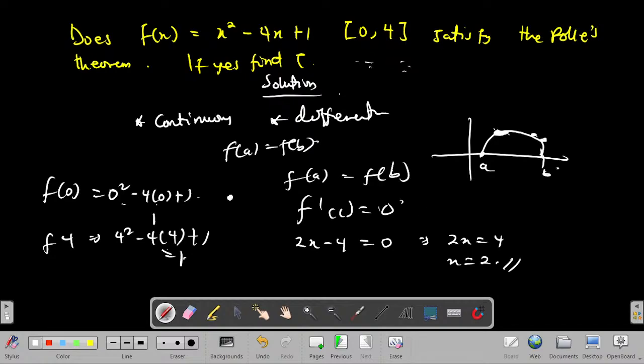That is all for Rolle's theorem: it gives a point.